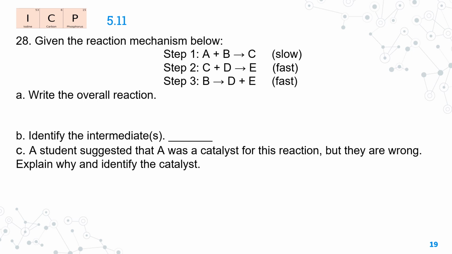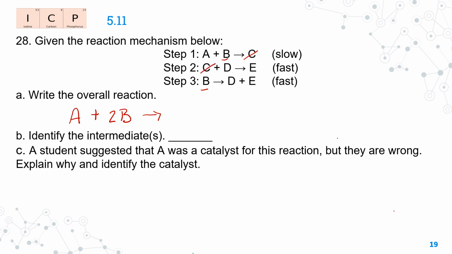So if I look at my reaction, I have A and B. A is always there. It's going to be like my permanent reactant. B, I have a B here and a B here, which means I'm going to have 2B because I have 2 B's in my reactant side.